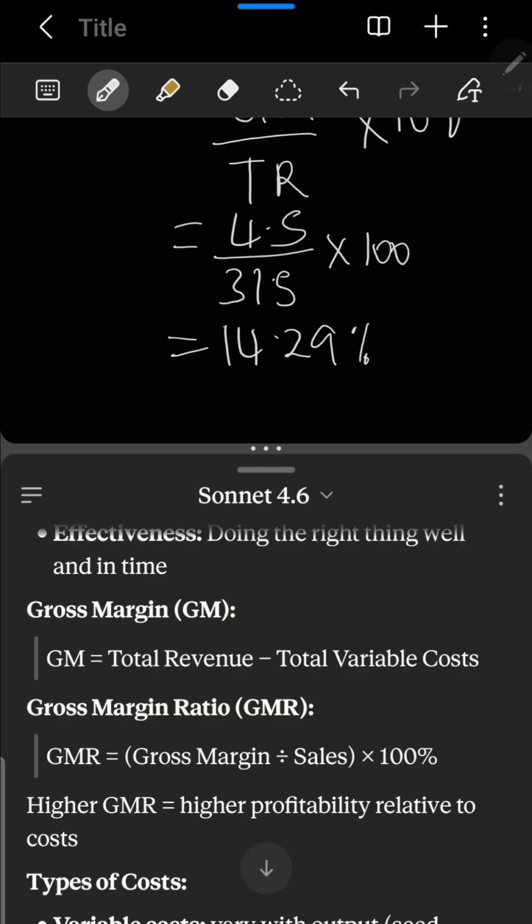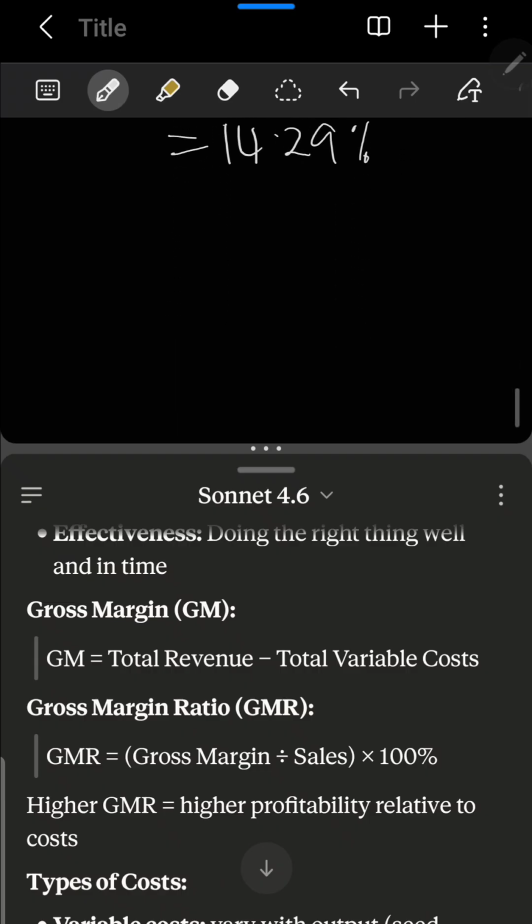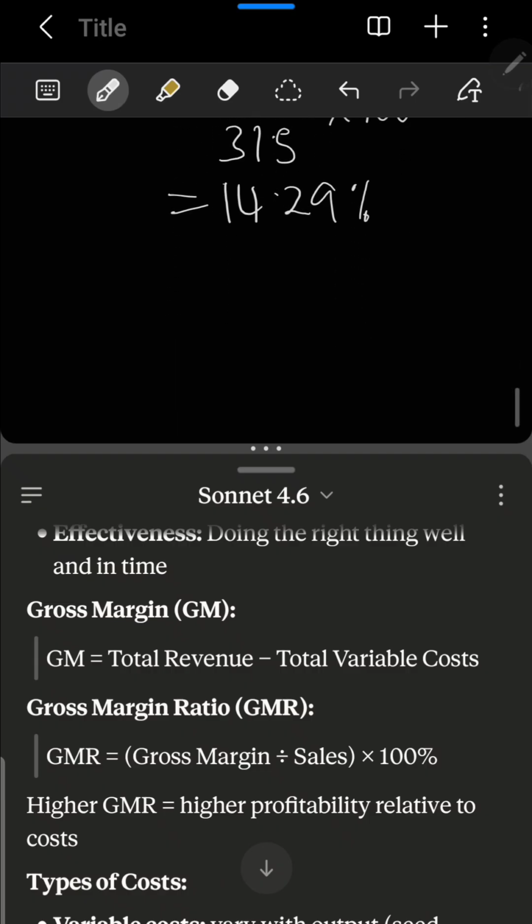You want this to be high, 50 to even 90%, if possible. Now, like service businesses, someone comes to a salon, they only apply some little oil and they pay 50K. So that's like 90%.